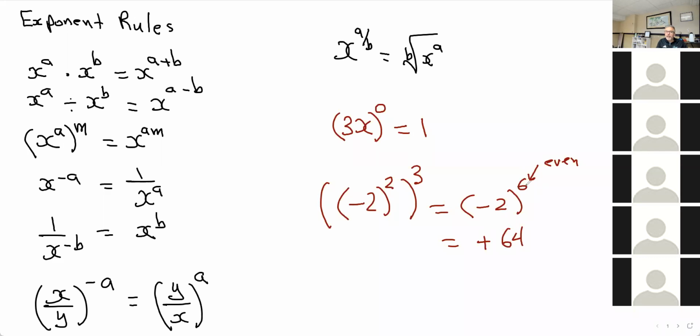But if this was odd, like -3 cubed, for instance, then if the exponent is odd, the answer will be negative, and 3 cubed, which is 3 times 3 times 3, is 27. Okay. So, negative times negative is positive, times the third negative, positive times negative is negative. That's how it works, but you could just memorize it: if it's an even exponent outside of the brackets, the negative becomes positive. And if it's an odd number outside of the brackets as an exponent, then the answer is negative.